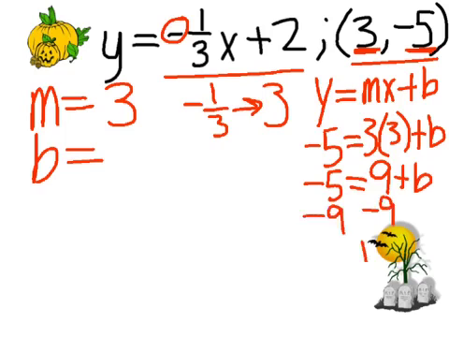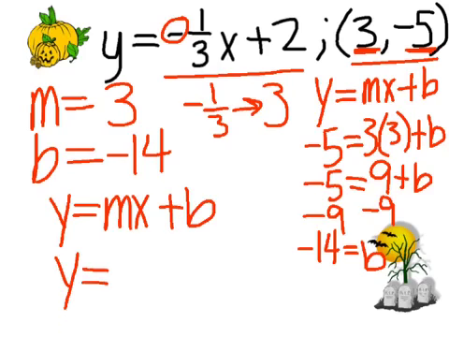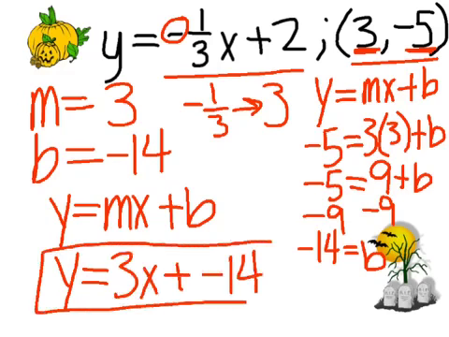We subtract 9 from both sides. Negative 5 minus 9 is negative 14. So that's our y-intercept. And then we plug it in just like we did before. Plug in slope and plug in your y-intercept. So our answer should be y is equal to 3x plus negative 14.